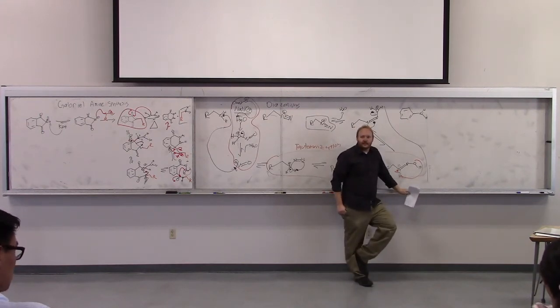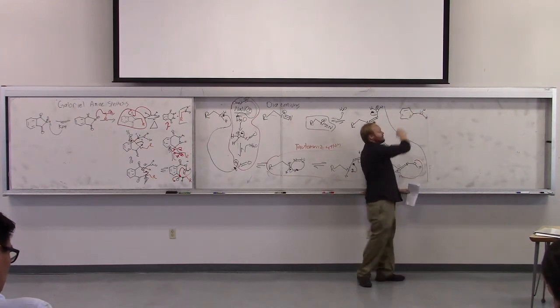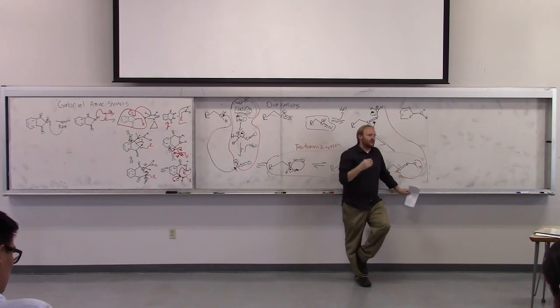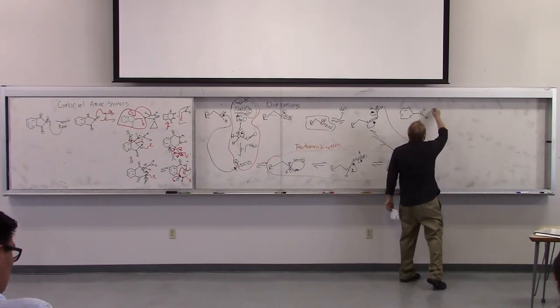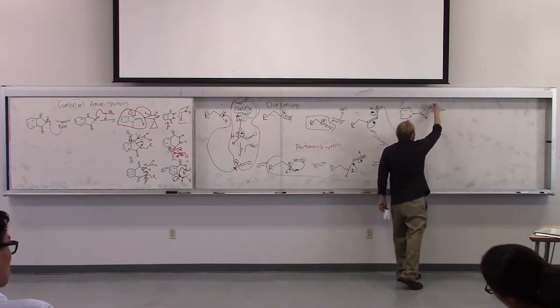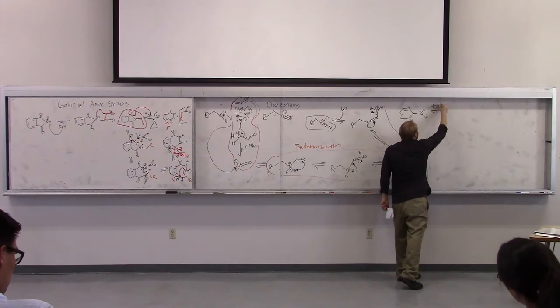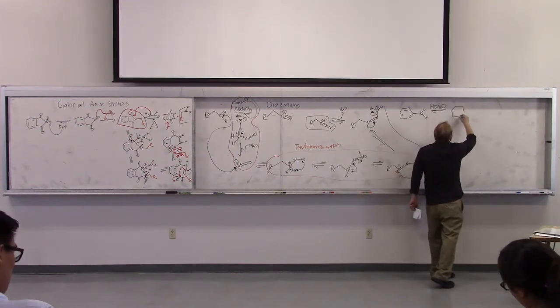Less basic. Yes, it is less basic. The lone pair of electrons on the nitrogen are tied up in resonance, and so they're not going to be as nucleophilic or basic. So if you take aniline and do the HONO conditions, you will get an aryl diazonium.